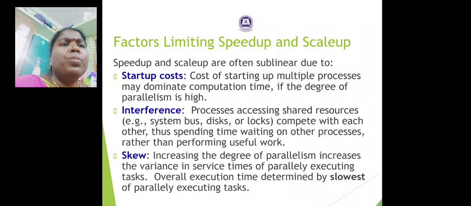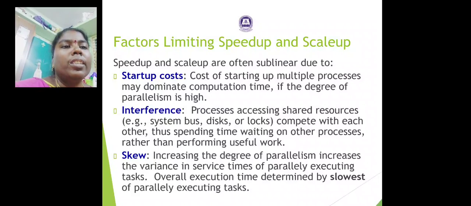For example, if you have to allocate the resources equally, a process is a small process, a job is very small, but it is allocated 50 resources. Another job is a very large process, but it is also allocated 50 resources.